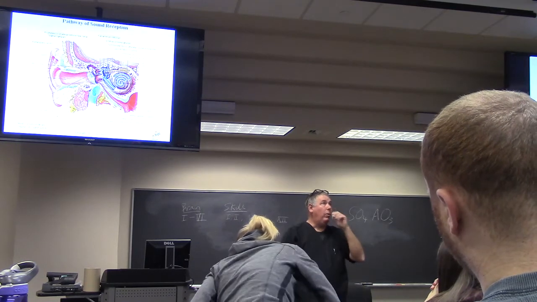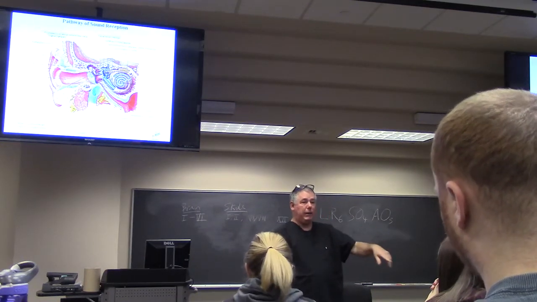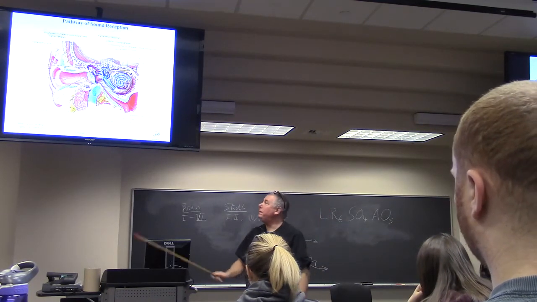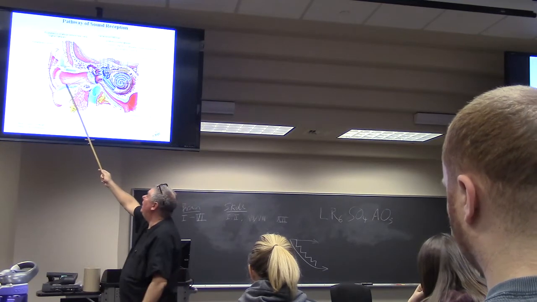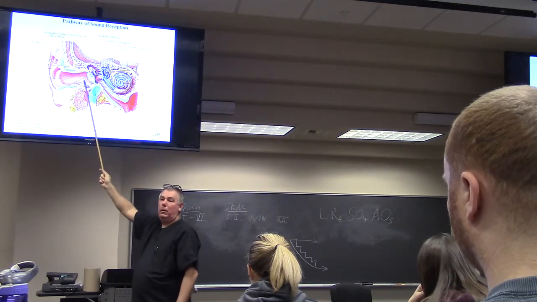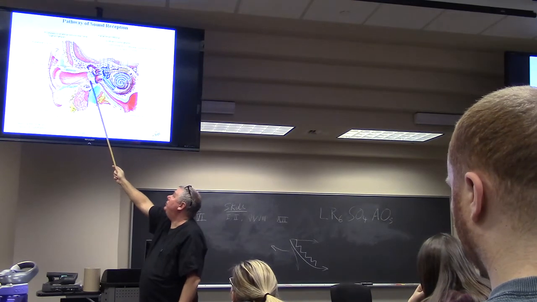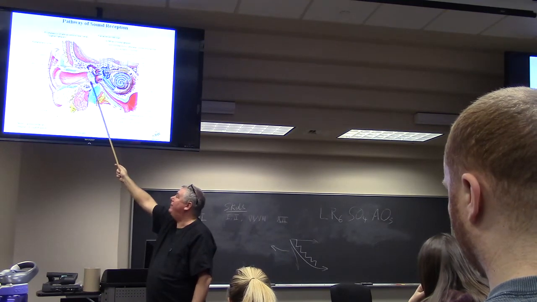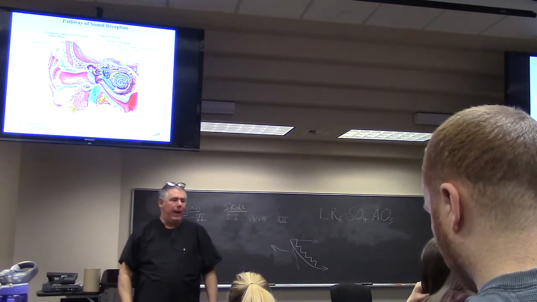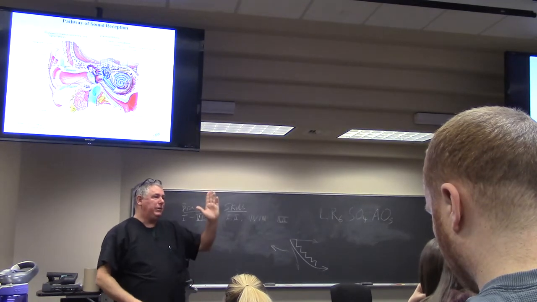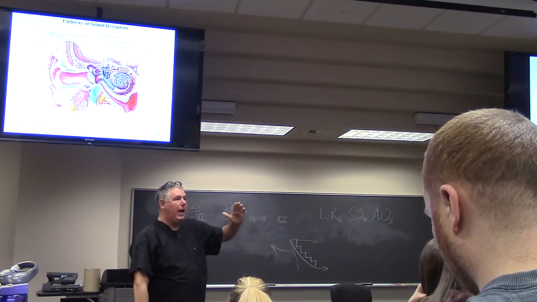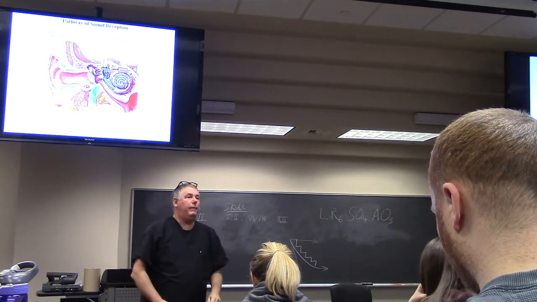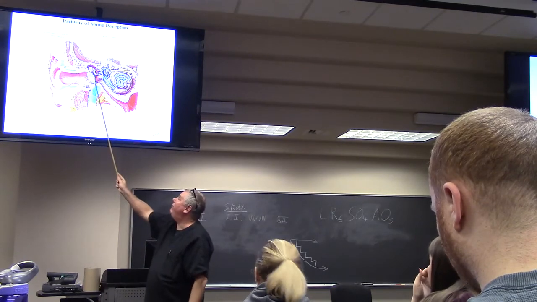This is really the only thing. The rest of the slides in this thing, trash them. This is the only thing I want to talk about right here. External auditory meatus, external canal. There's your tympanic membrane. The eardrum is not positioned straight up and down. As you see, it's positioned at an angle. When you look in an ear at the eardrum, there will be a reflection back at you.